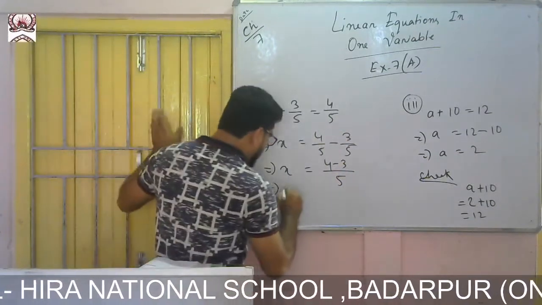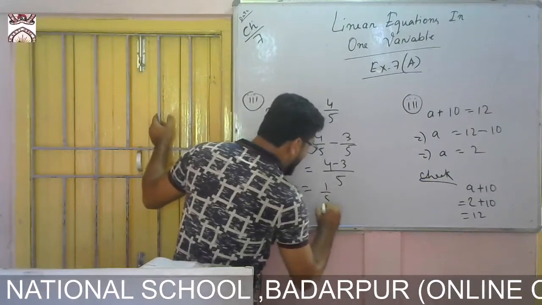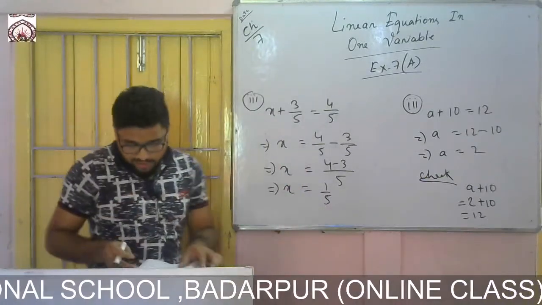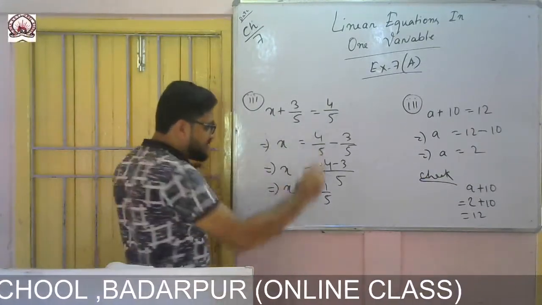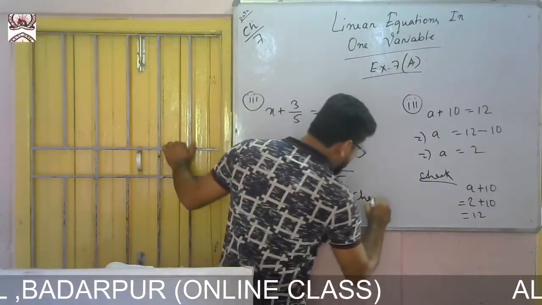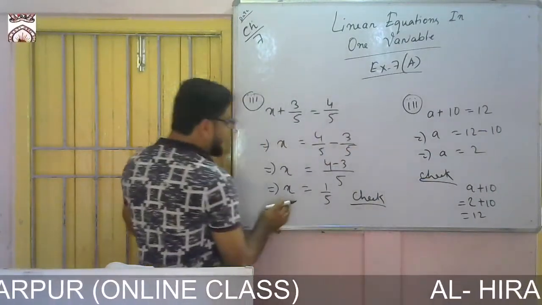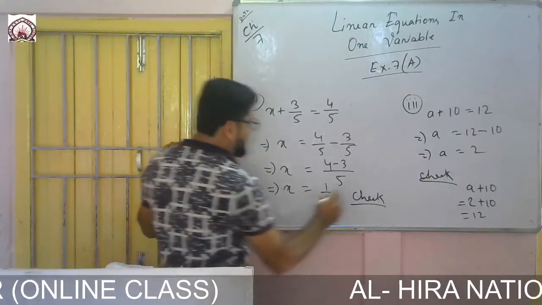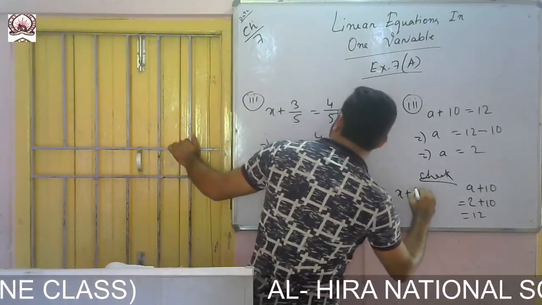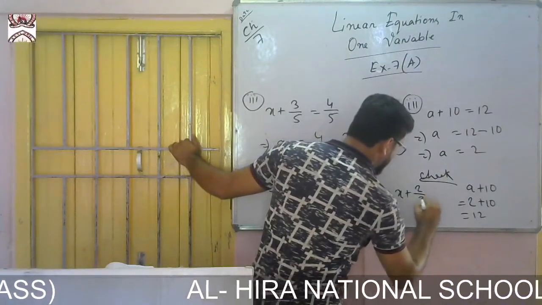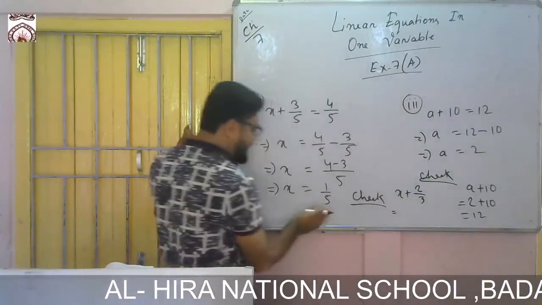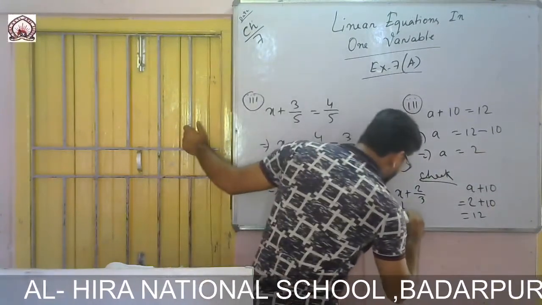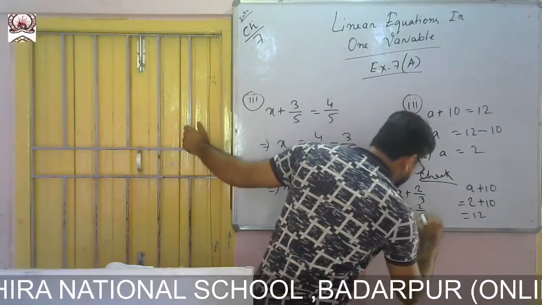Now x = 1/5. Now check. Here you check. You put the value of x. x + 2/3. In place of x, we write 1/5. So 1/5 + 2/3.